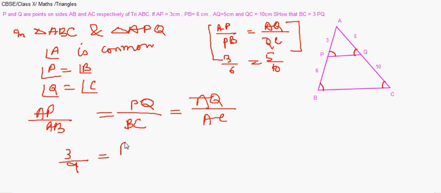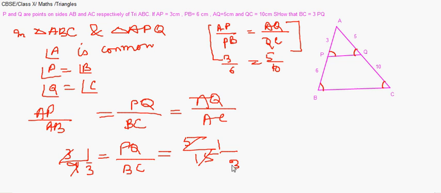AQ will similarly be 5 and AC is 15. This is 1 by 3 and that's also 1 by 3. So PQ by BC is 1 by 3.